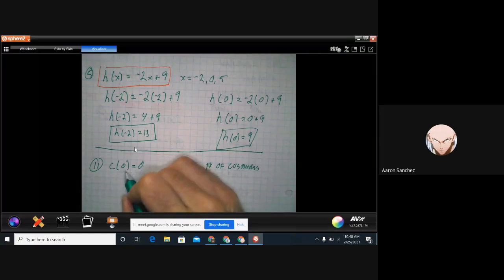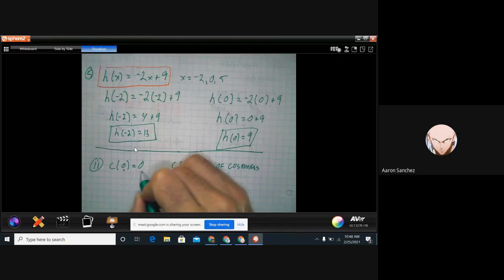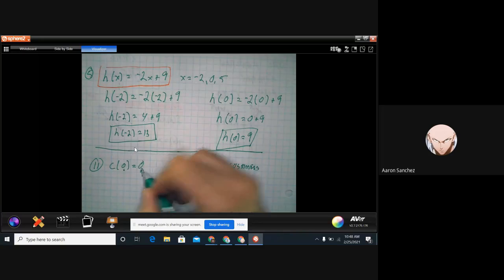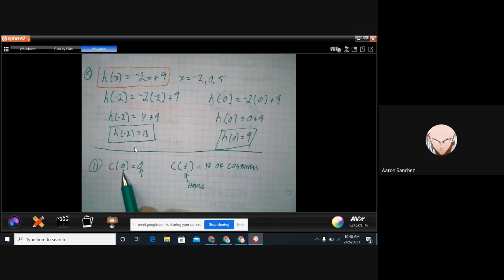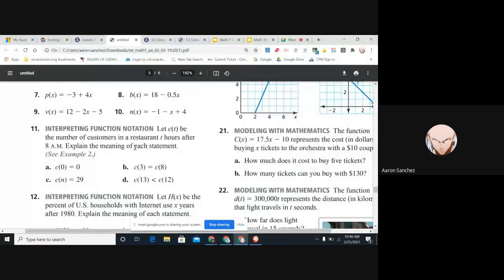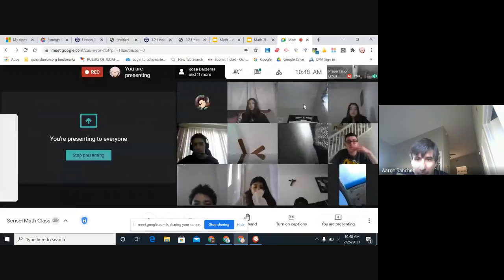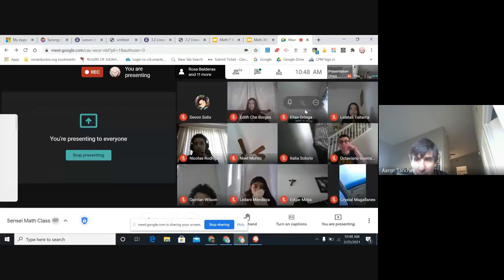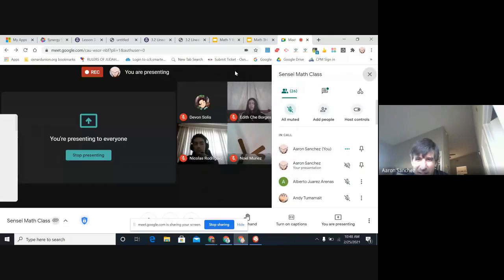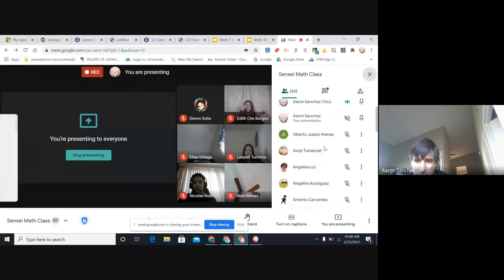If the time is 0, the restaurant hasn't been open, so what does this mean about the customers? It's been open for 0 hours, and how many customers do I have?